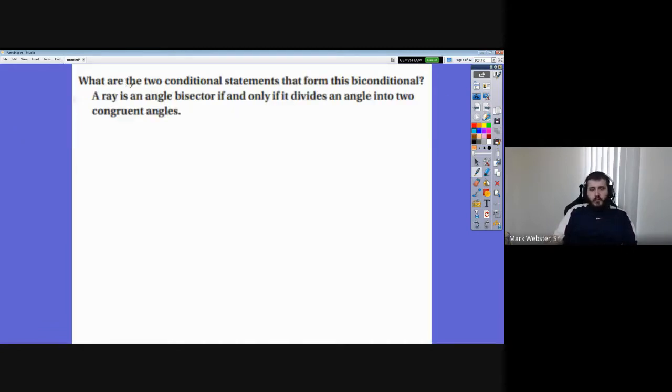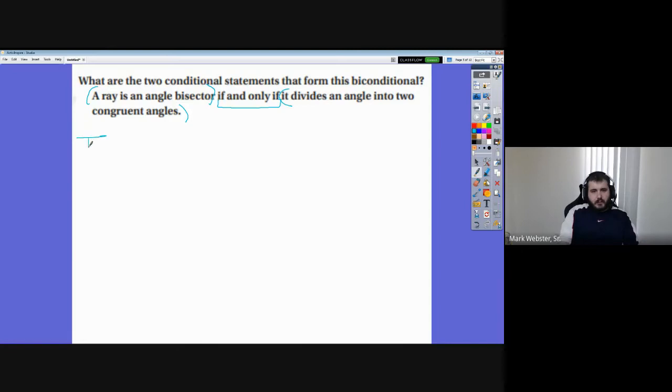So now what we want to do, let's do the opposite. What are the two conditional statements that form this biconditional? So we're going to break it up. And here's the way I do it. I find where the if and only if is, and that tells me that's the separator. So I'm going to put parentheses around the one part, put parentheses around the other part. And then I can do if, then, right?